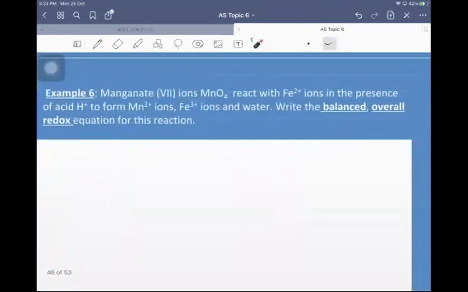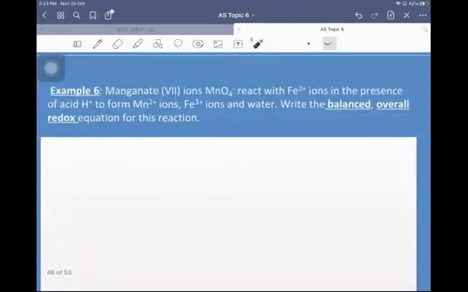Next, this is assuming that I do not have access to the half equation, right? So I'll just follow the question as it is. Manganate(VII) ions, MnO4- ions, will react with Fe2+ ions in the presence of H+.